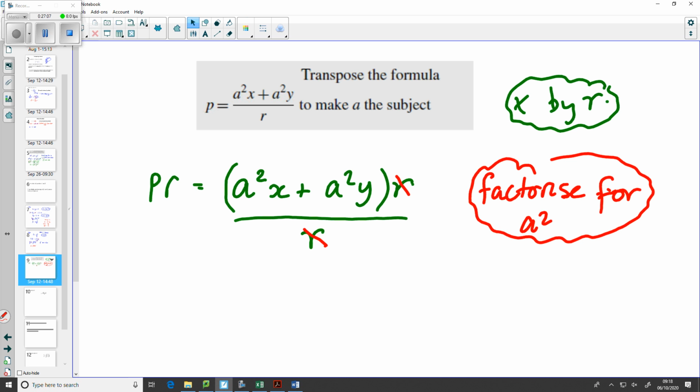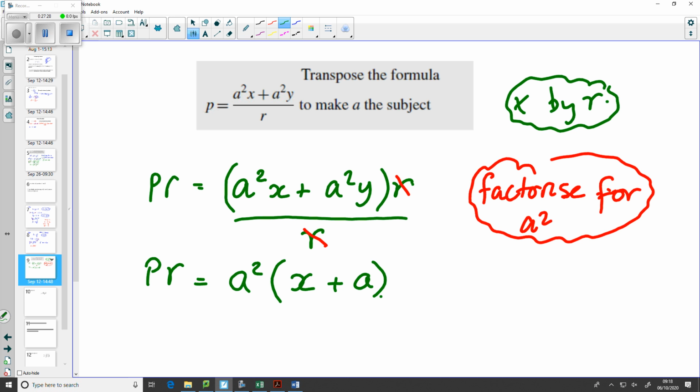So what we do here is we keep our PR like that, not changing that side at all. All we're doing over here is taking a squared outside the brackets because that's a common term, and leaving x plus y inside the brackets. Y, sorry. Yeah.